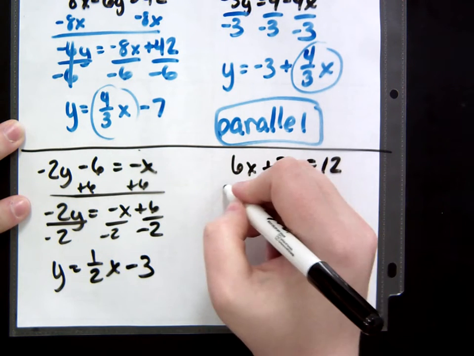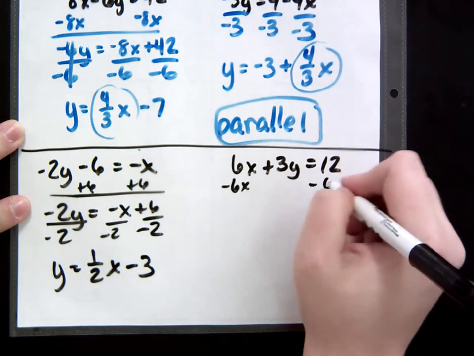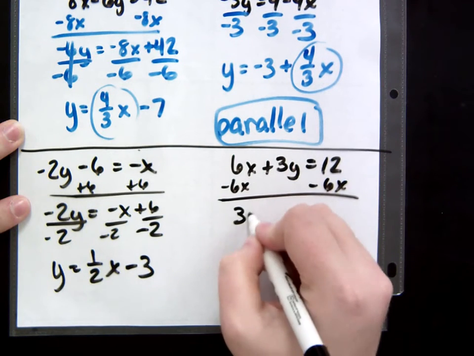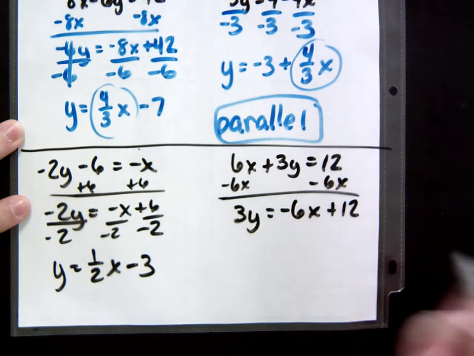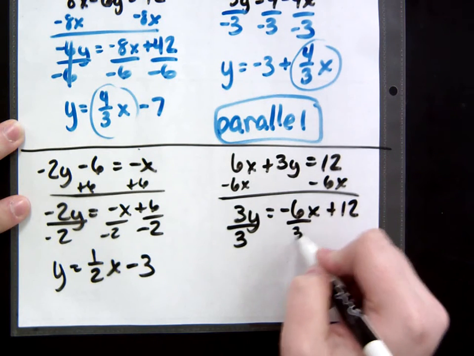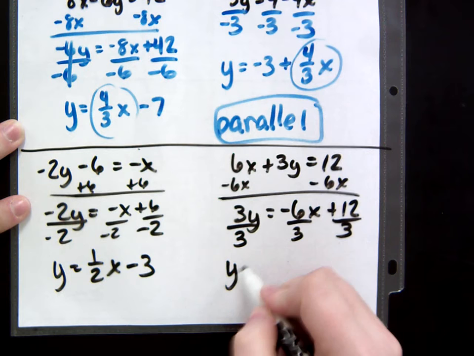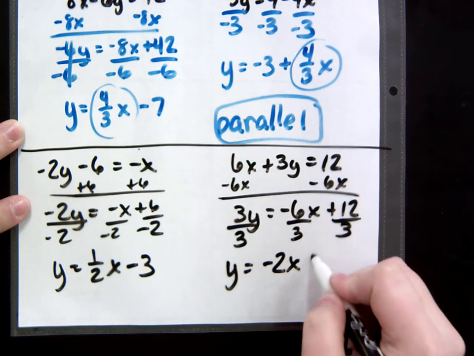Over here, I'm going to start by subtracting 6x from both sides, which gives me 3y equals negative 6x plus 12. Then I divide by 3, which gives me y equals negative 2x plus 4.